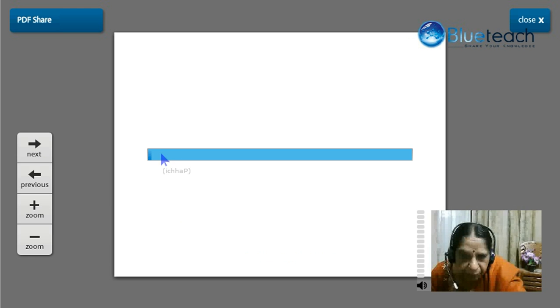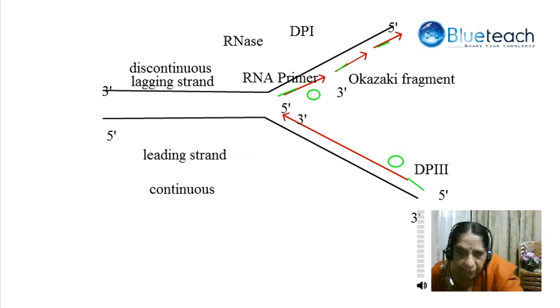Now this diagram shows the summary of DNA replication and the enzymes involved, and let us see it with the help of the diagram on the whiteboard. This also shows that on the leading strand the DNA is synthesized continuously and only one RNA primer is needed. On the lagging strand, synthesis is discontinuous.